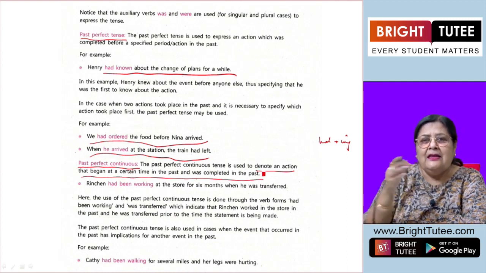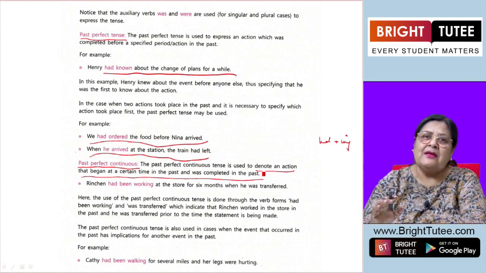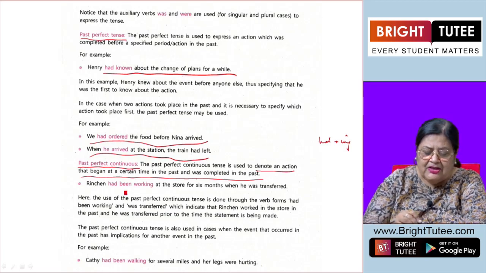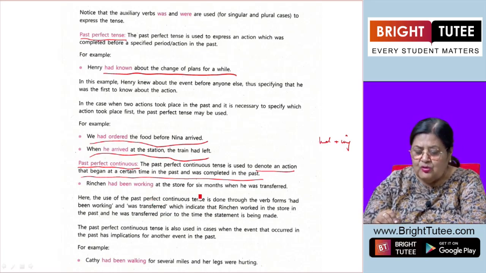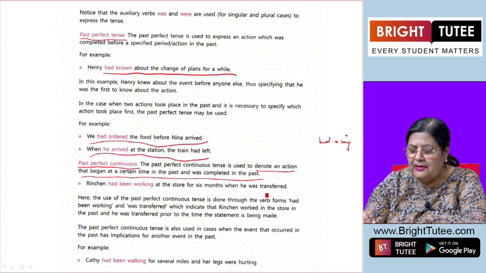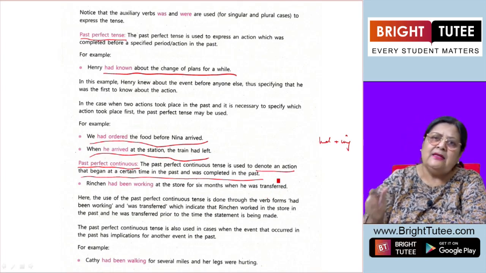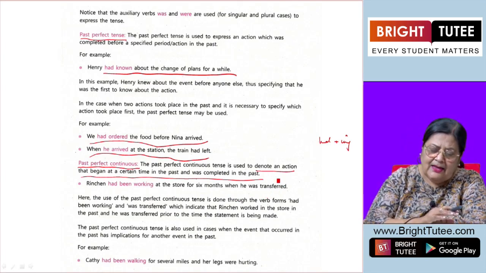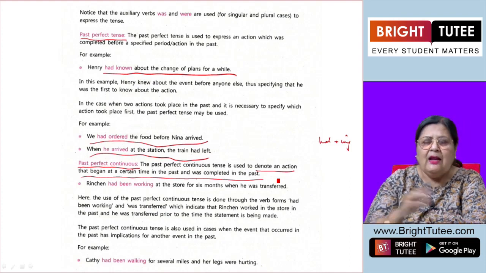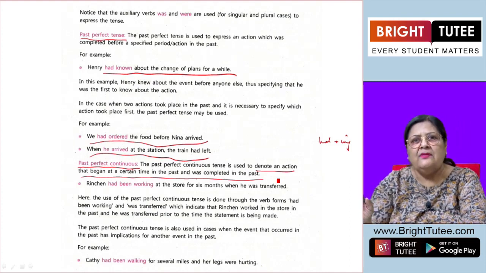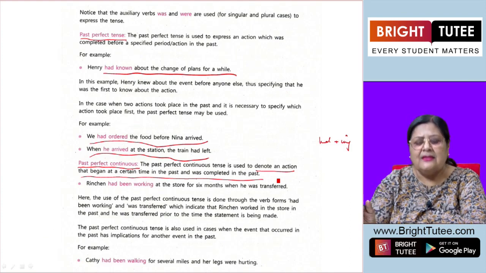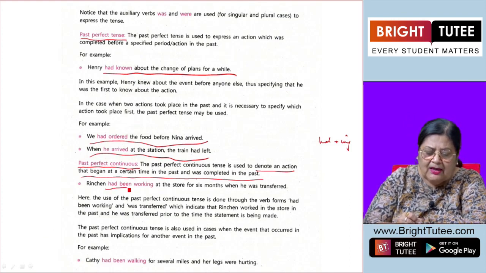It started and it was completed. Richard had been working at the store for 6 months. He was transferred. Like it started with the thing that he was working, and now it has ended and he has gone somewhere else. The entire sentence is complete, so he had been working.